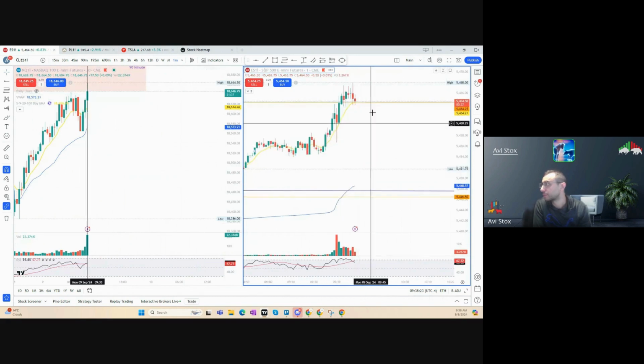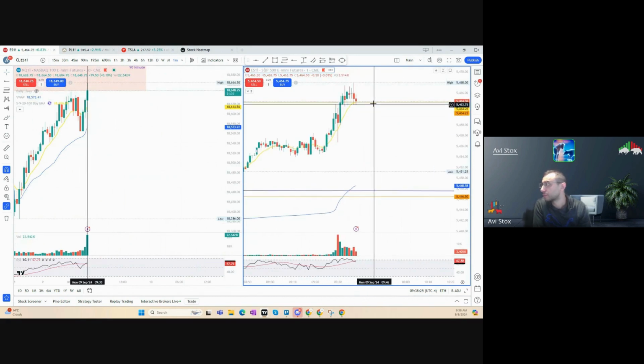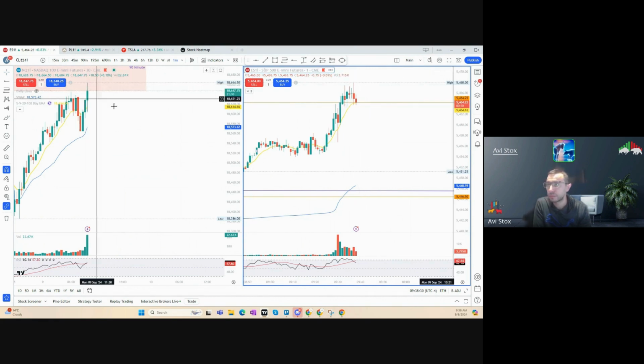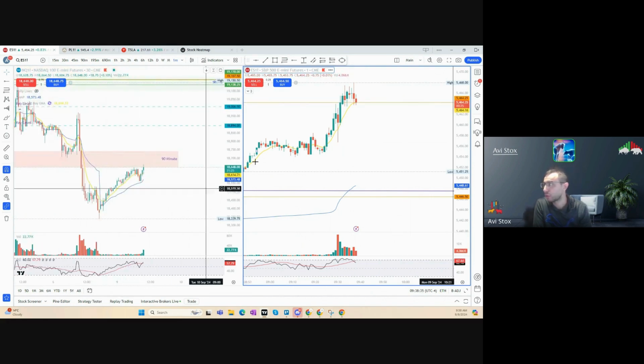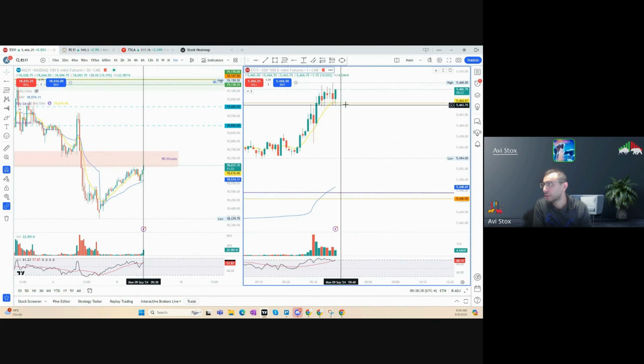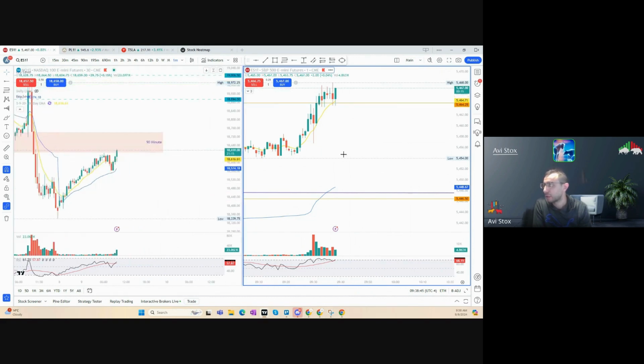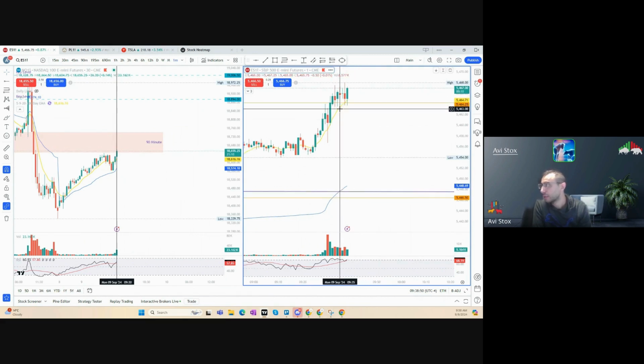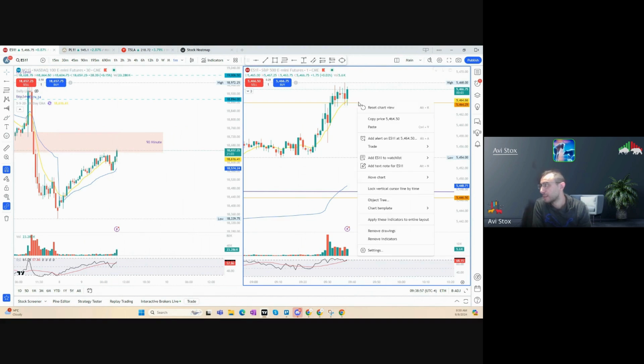So NQ showing sign of short, here showing sign of long. So we have some type of a conflict on that. So I would prefer to wait, because overall, the fact that 9-day and the retest high, it's good.